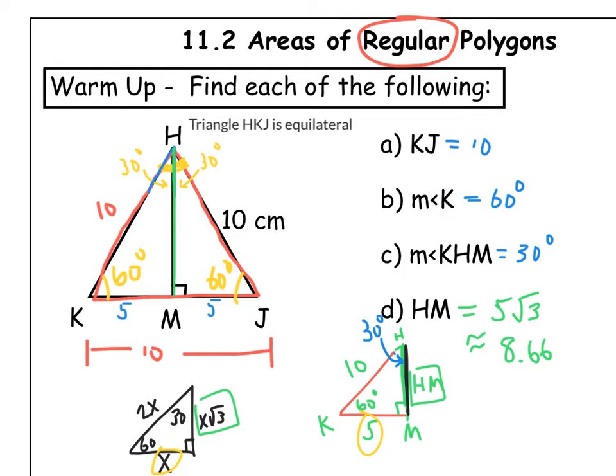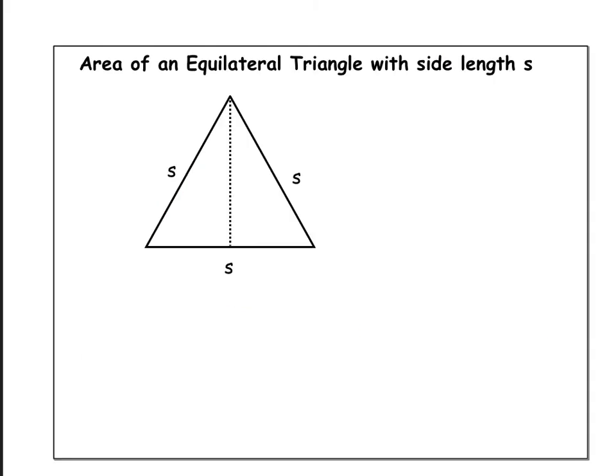We'll be using some of this stuff to get some areas. Remember, we had a 5 down here, and then this side ended up being 5 times root 3. So let's use those properties to get a formula here. If we need the area of an equilateral triangle, think about the area of any triangle: it's always 1/2 times the base times the height.